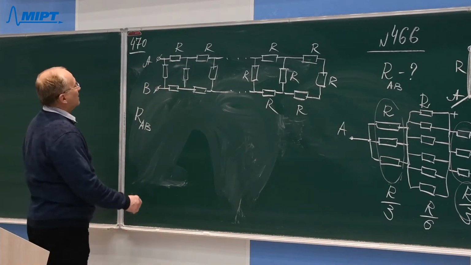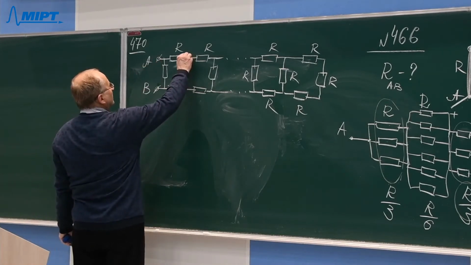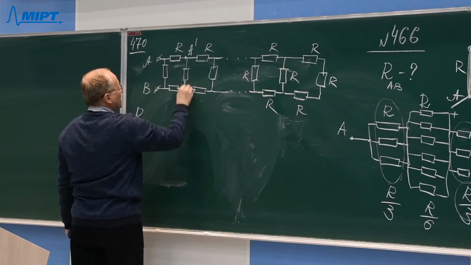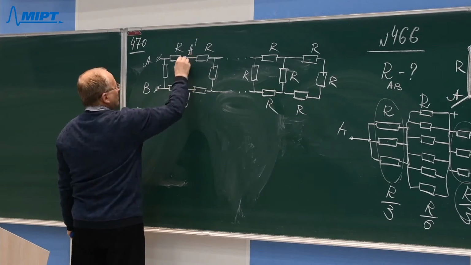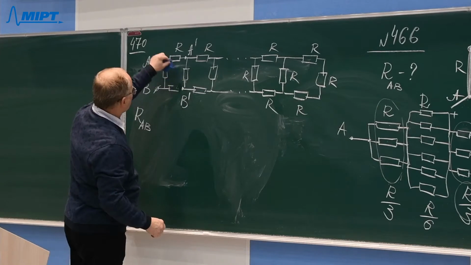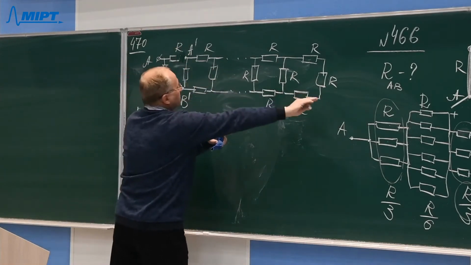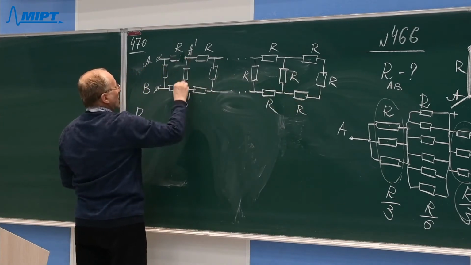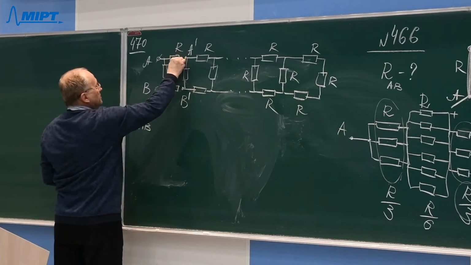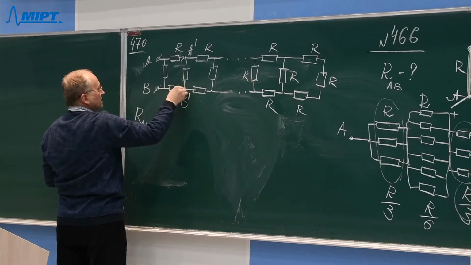And it means that the resistance between these 2 points will be the same as the resistance between these 2 points, A prime and B prime. If I disconnect this circuit here, and measure the resistance of the remaining circuit between points A prime and B prime, its resistance will be the same as the resistance of the original circuit when the first cell is connected.